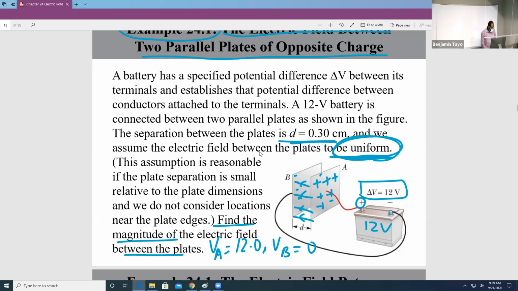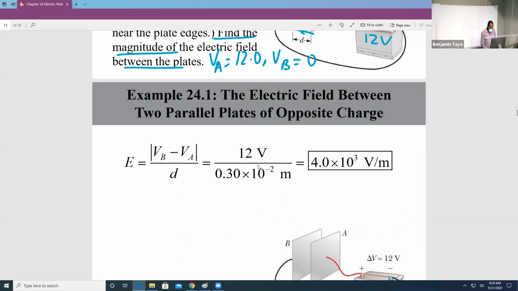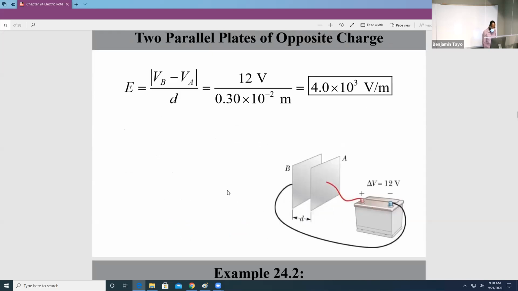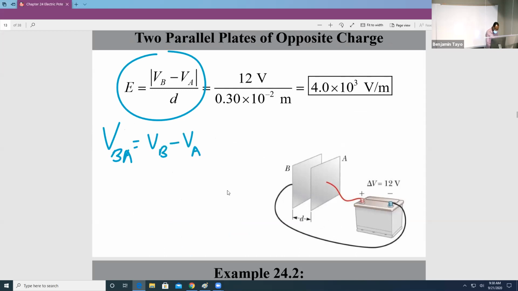If I scroll down to my next slide, you're going to see this equation comes from, remember we said that V_AB is equal to V_B minus V_A. If I keep the magnitude, this is just equal to the electric field times distance. And so solving for the electric field, you can say the electric field is equal to the magnitude of the potential difference divided by the distance.